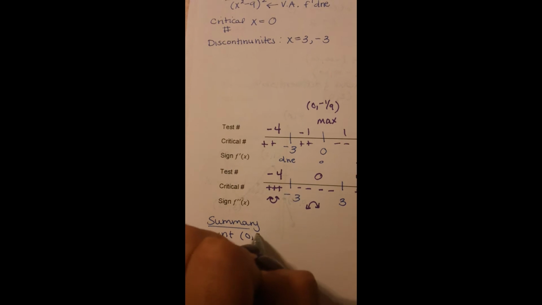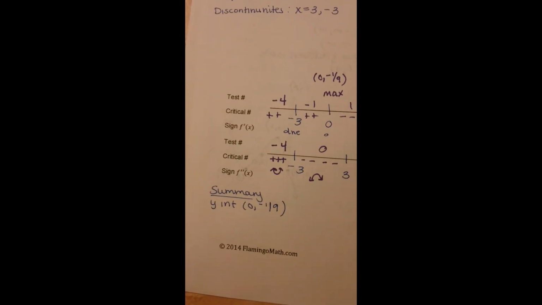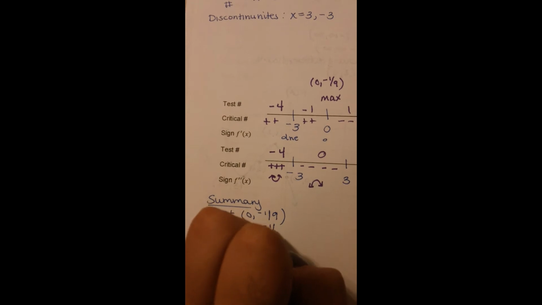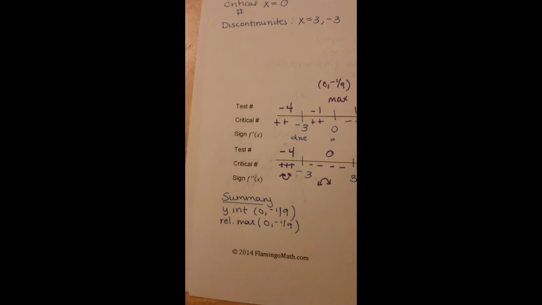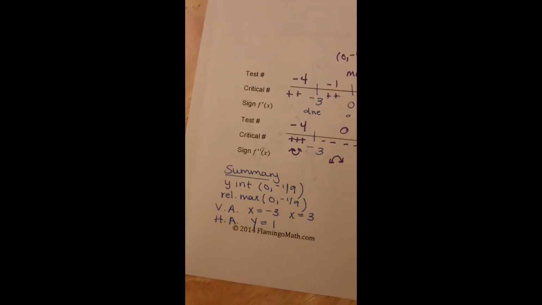We know it has a y-intercept at 0, -1/9. We know that a maximum, we don't know what kind of maximum yet, is also at this point. We know it has the VAs at x equals -3, at x equals 3. We know it has an HA, y equals 1.